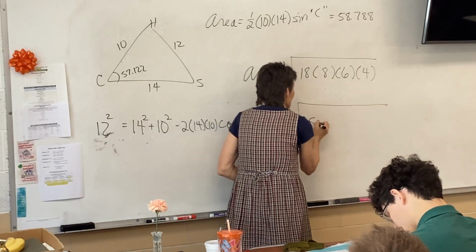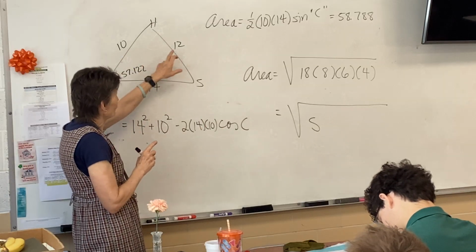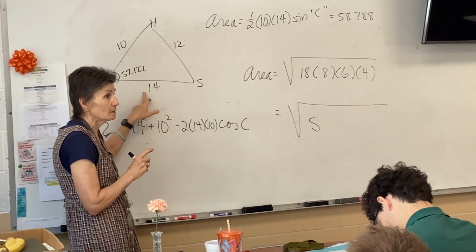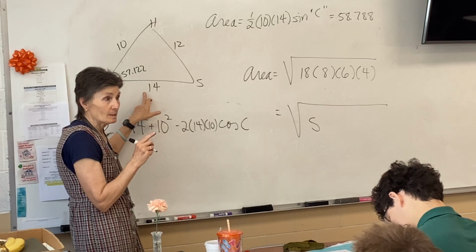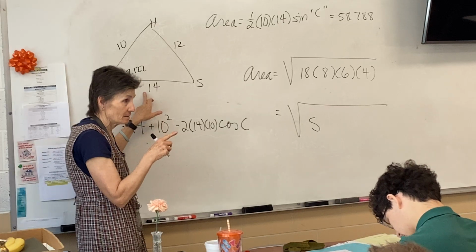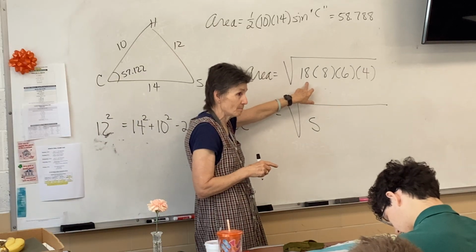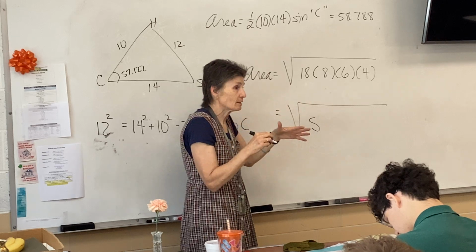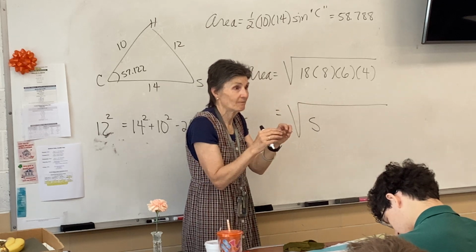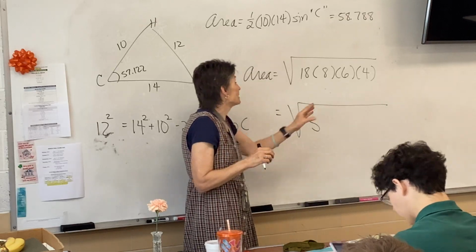by finding the semi-perimeter. So the perimeter of this triangle is 36. Half of that, the semi-perimeter, is 18. So that's where that number came from. When you find the area of a triangle, it always involves a half: 1/2 base times height, 1/2 side side sine, semi-perimeter.